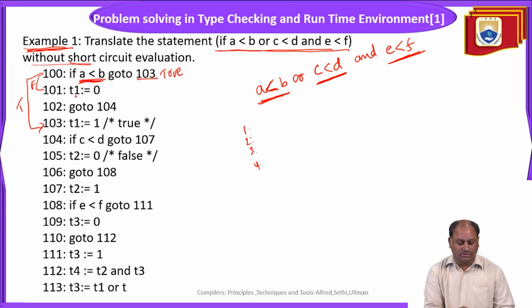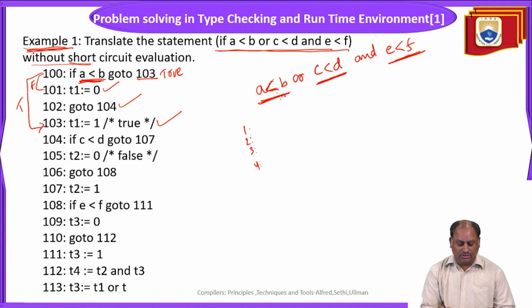Else, if it is false, then T1 equal to 0. These are the two statements. Then immediately we go to another location, that is 104. That means we have to check the next condition, whether it was true or false, it is completed.